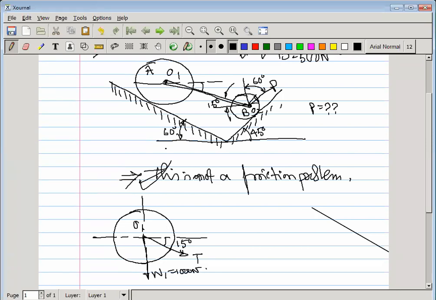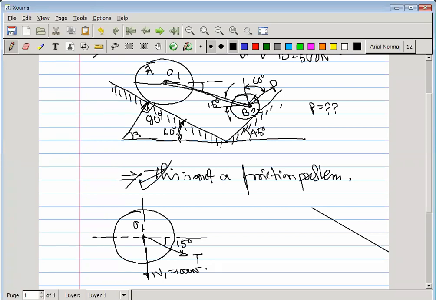Now another thing is, in this problem this angle is given as 60 degree, right? So the reaction force is always perpendicular to this one, so this one is 90 degree. So how much angle is this then? This is 60 degree as per the question, and you all know the reaction is always 90 degree.